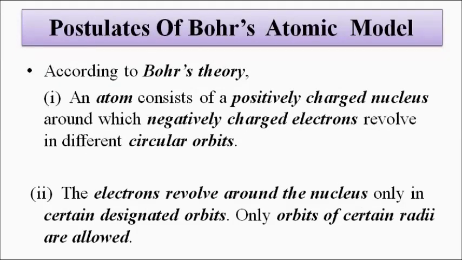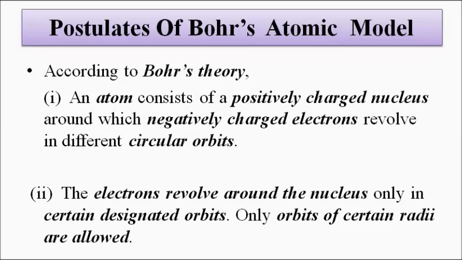According to Bohr's theory, the atom consists of a positively charged nucleus, which consists of protons and neutrons, the same as Rutherford and Chadwick's model. Around the center of the atom, the negatively charged electrons revolve in circular orbits. Only orbits of certain fixed radius are allowed.